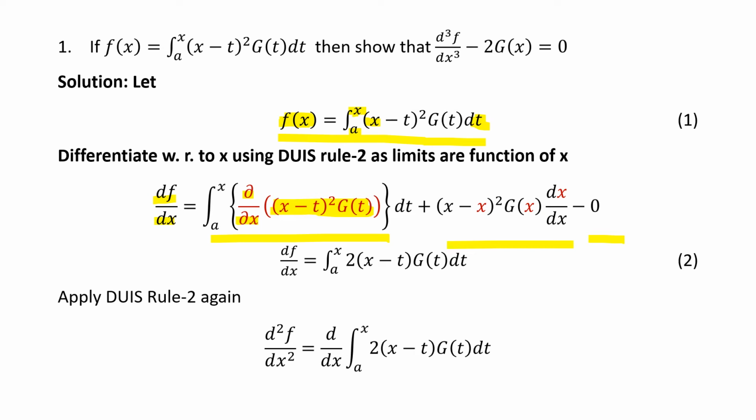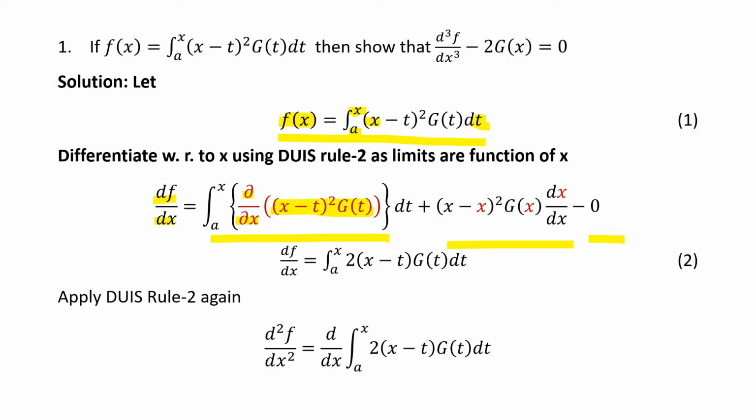Whichever limit is constant, the corresponding term will be automatically 0, no need to evaluate it. Here the lower limit a is constant, so we wrote the lower limit term directly as 0. Okay, so again we will solve it. So we will get df by dx equal to the integral from a to x.